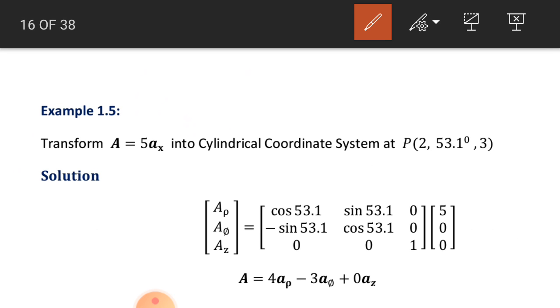Example number 1.5. In example number 1.5, we have been given this vector 5ax, and this vector is in the rectangular coordinate system.